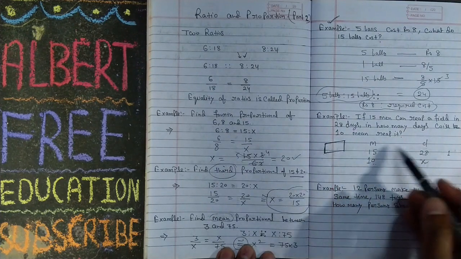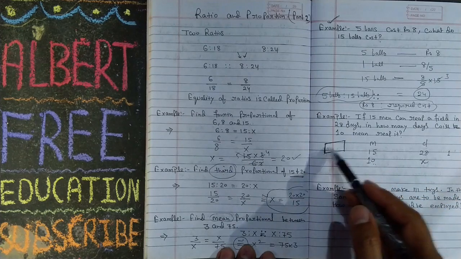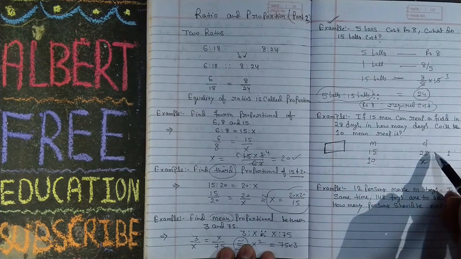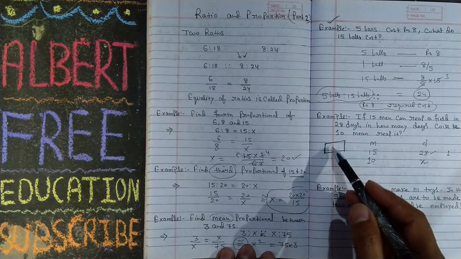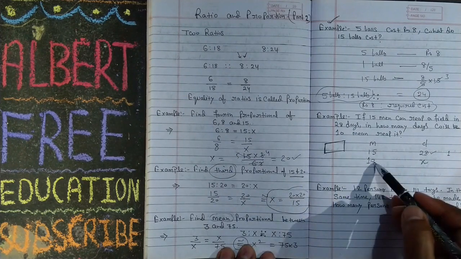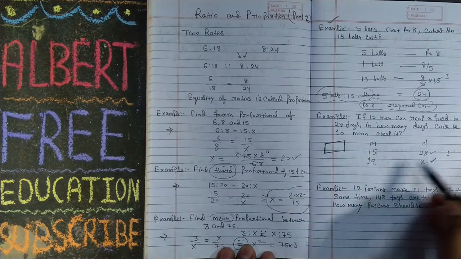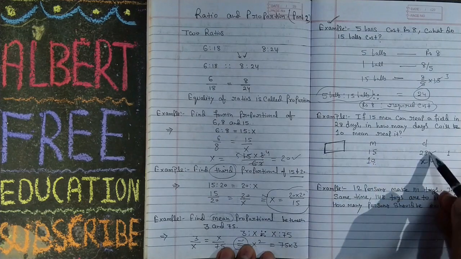So if 15 men are required and they take 28 days, and you decrease the number of men, then the time will increase. So if you decrease one, the other increases.